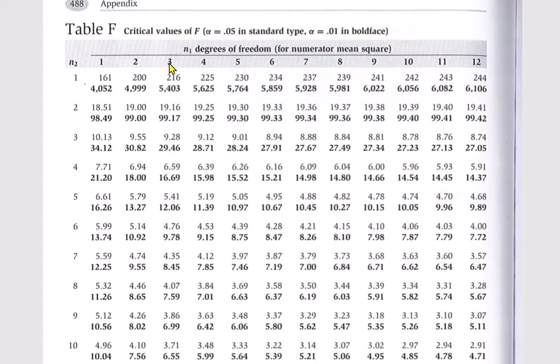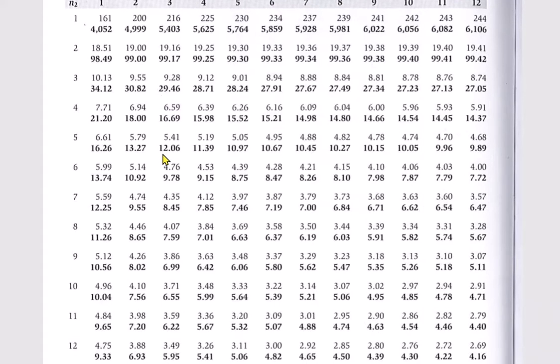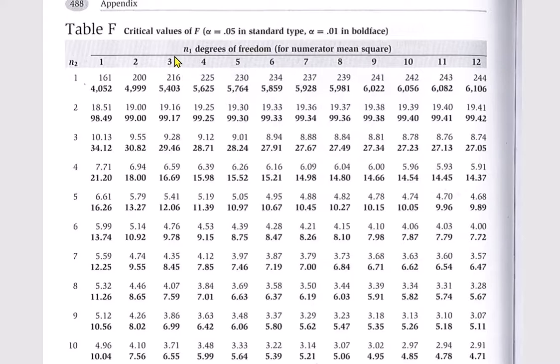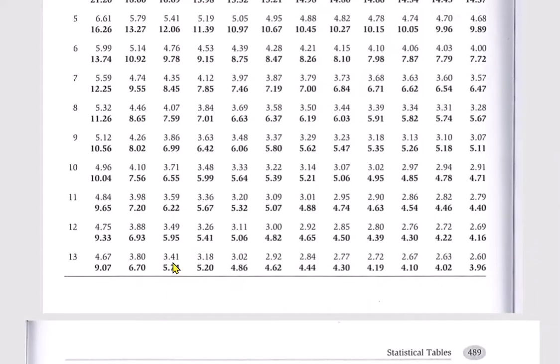So here's 3. That's in the numerator. Right here it tells us it's the numerator. And then we need to find 16. But when I scroll down, I get to the end of the page and it only goes up to 13 degrees of freedom. Okay, so that's a problem because we need to have the exact value.